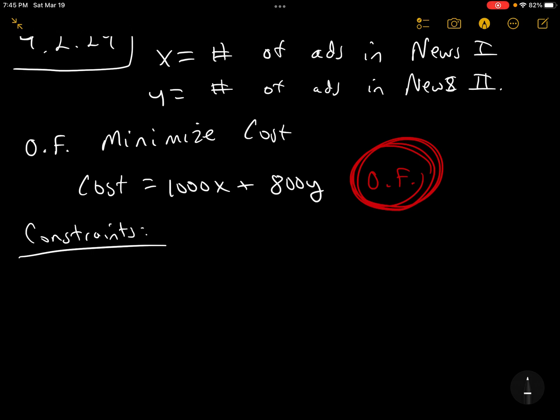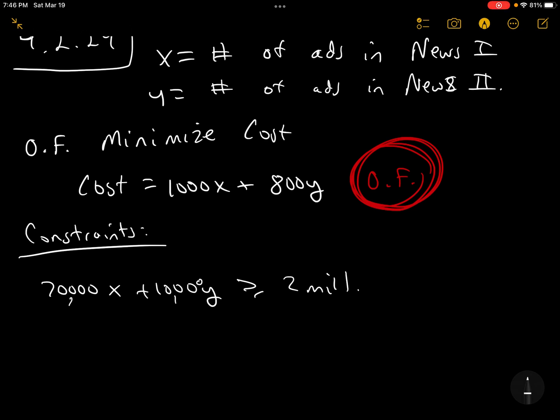So we have 70,000 from group A plus 10,000 from group B. So 70,000 group A customers are seen in newspaper 1, and then 10,000, oh, there's another 0 here, 10,000, should use some commas here, are from group B going into newspaper 2, and they'd like to have a minimum of 2 million. So this is bigger than or equal to 2 mil.